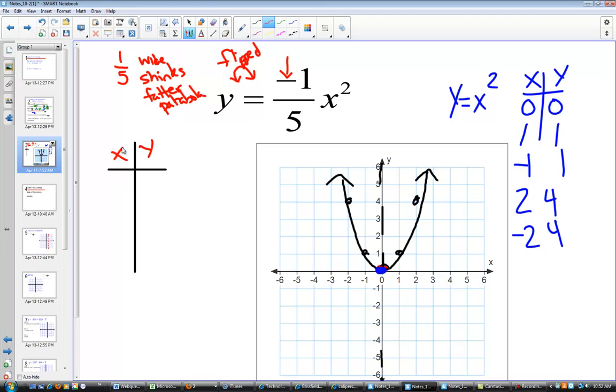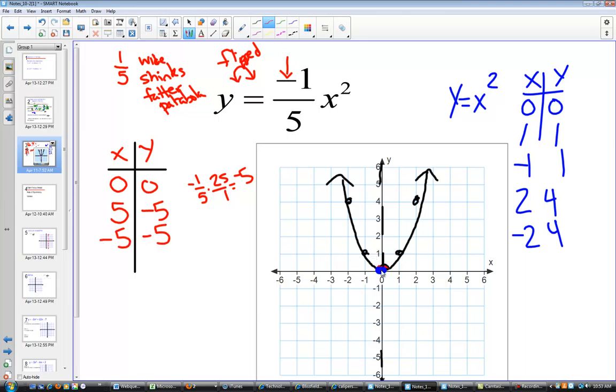And then you can always do your XY table if you want. Put in 0, I'm going to get 0. If I put in, let's say 5, strategically picking my points, 5 squared is going to get me 25. 25 times negative 1/5 is going to be negative 5. If I put in negative 5, I'm also going to get negative 5.